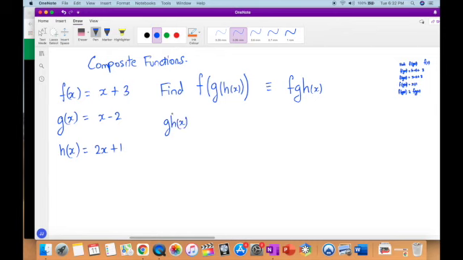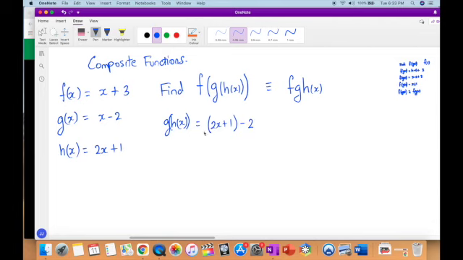I put in the h in the g now. So the g of x is x minus 2, right? And let me just put the brackets here so that you guys could know how to do it. The g of x is x minus 2, and I'm gonna put the h of x wherever it has x. So the h of x is 2x plus 1, so it'll be 2x plus 1 minus 2.